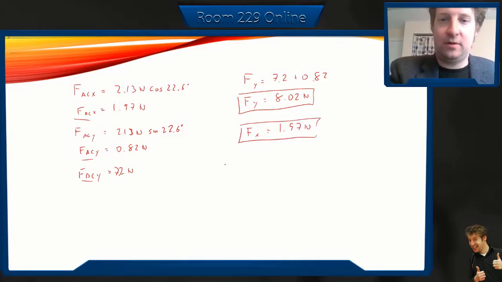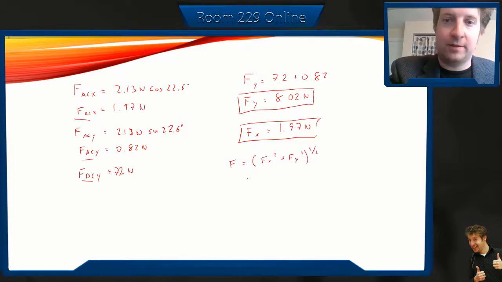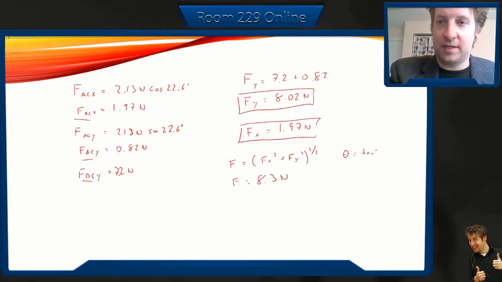And then to get my total, my F is going to be equal to the square root of Fx squared plus Fy squared. It's going to end up giving me 8.3 newtons. And then my angle is 1.97 divided by 8.02, which works out to 14 degrees.